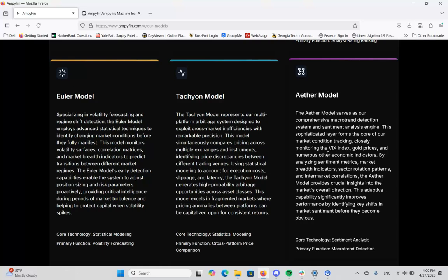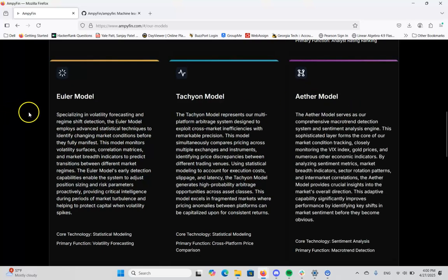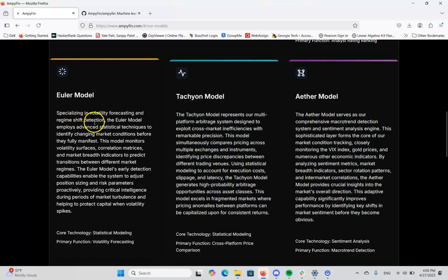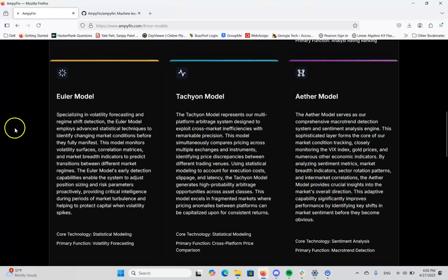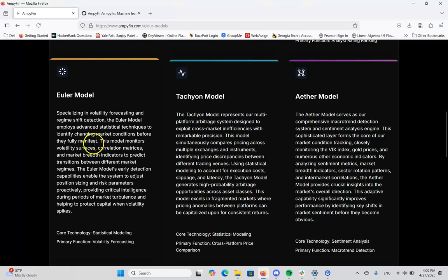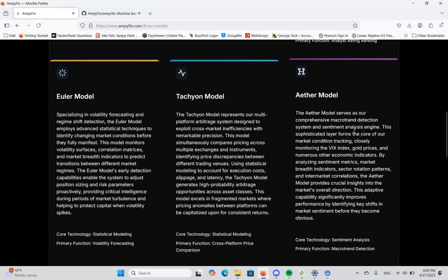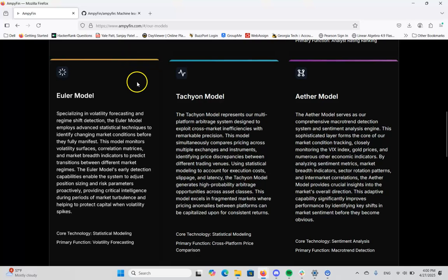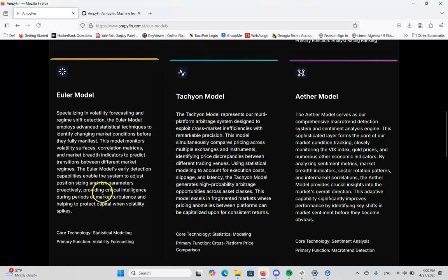The difference between the Ether model and the Euler model is that the Euler model tries to do statistical modeling. It tries to predict actual graph data, like the market is going to go up or down. The Ether model just gives you whether it is going to go up or down. The Euler model tries to predict the upward path, the downward path.